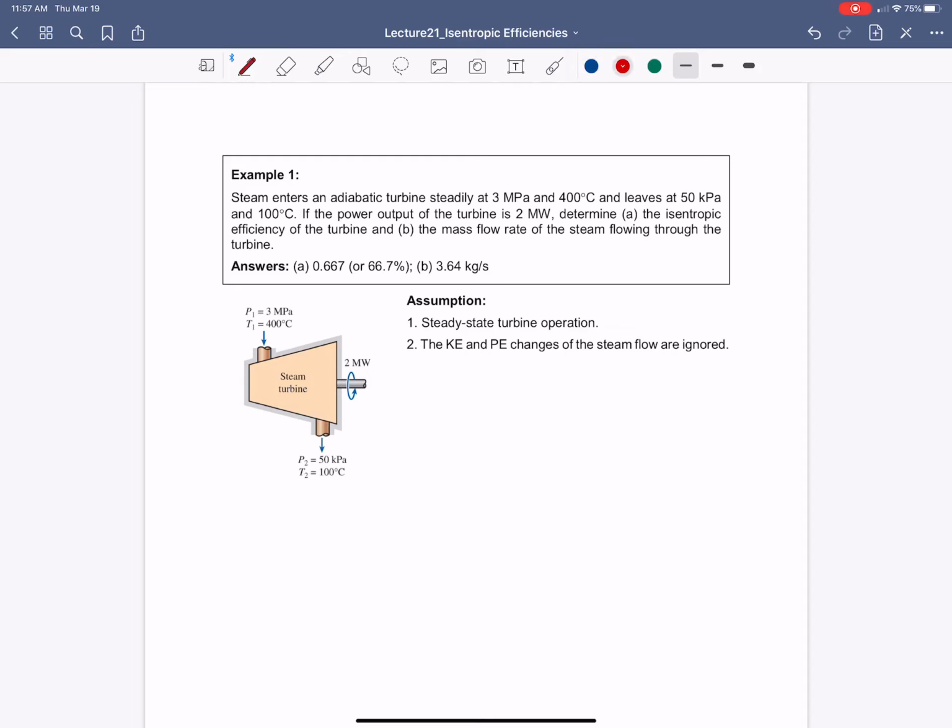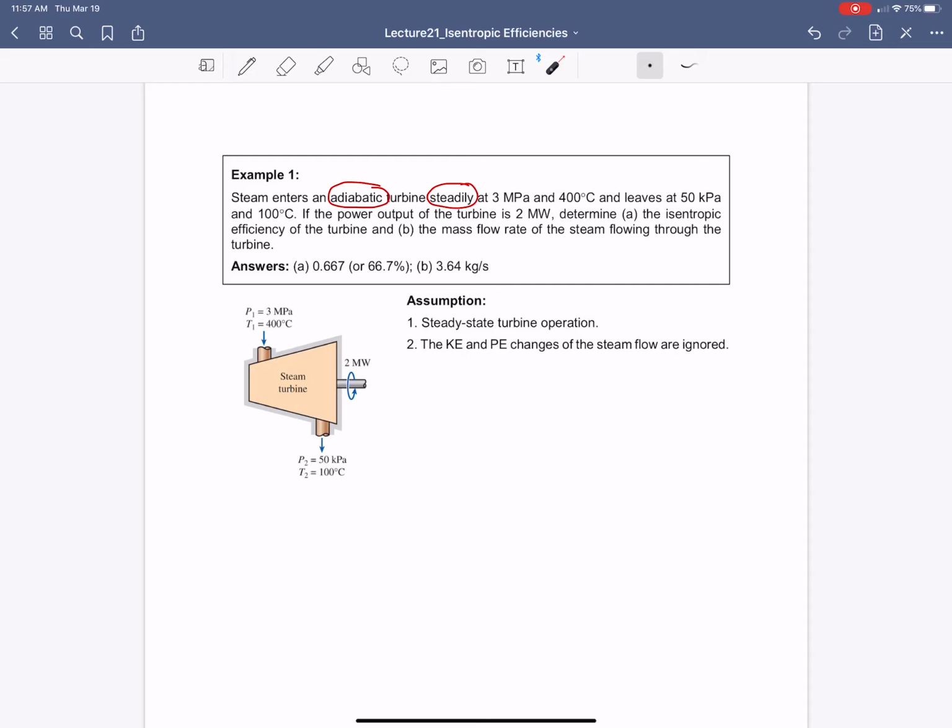Steam enters an adiabatic turbine, which means that heat transfer is not allowed. It runs steadily, so that is a steady state condition. The inlet condition of steam is 3 megapascal and 400 degrees Celsius.